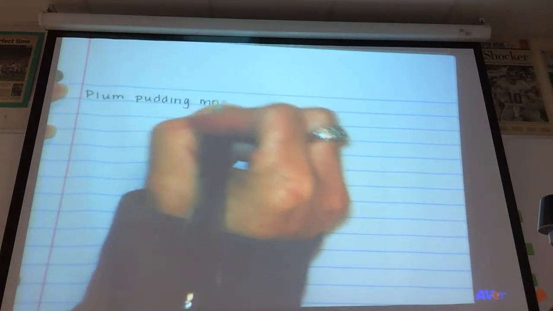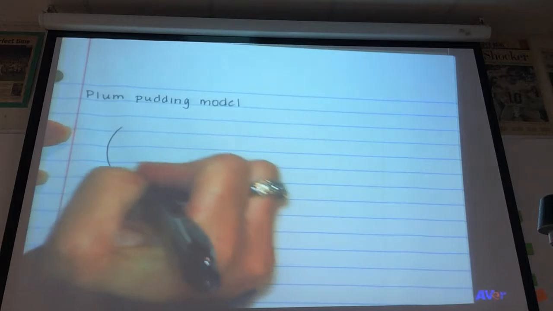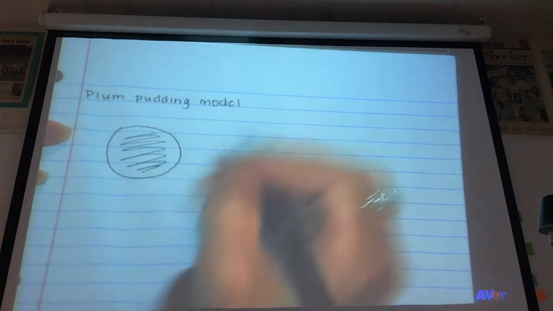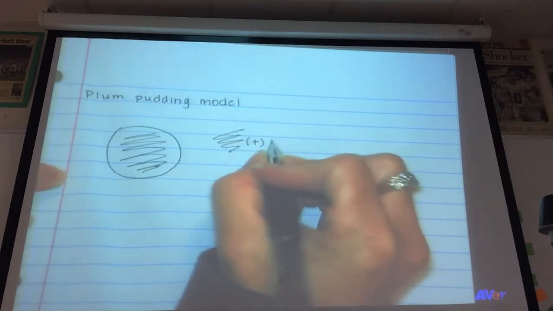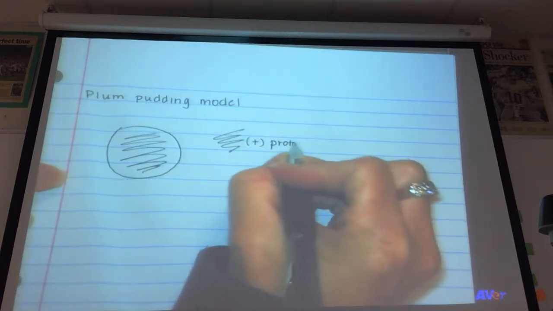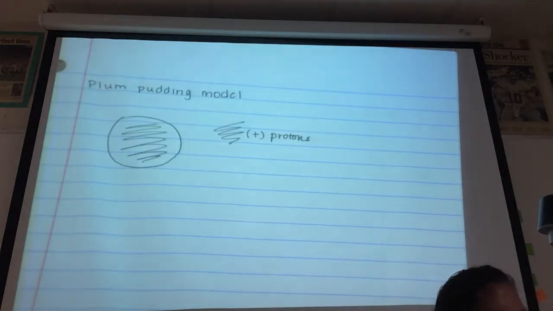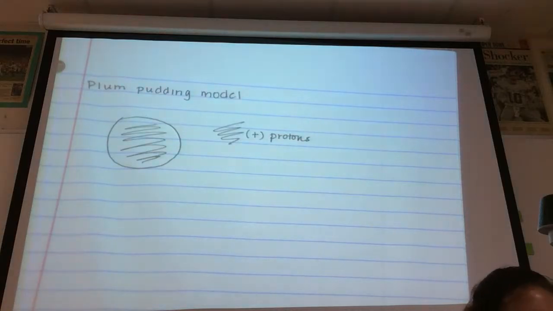And this model says the atom is spherical, there is a sea of positively charged particles. Those are the protons. They knew that positive charged particles had to exist because the atom is electrically neutral. So for every negative, you had to have a positive.